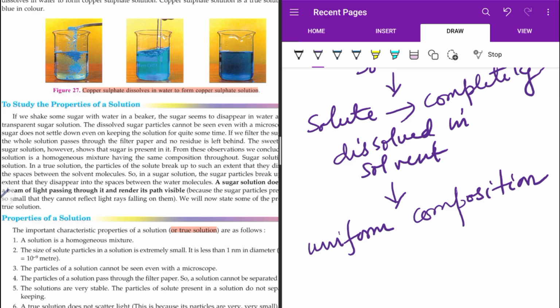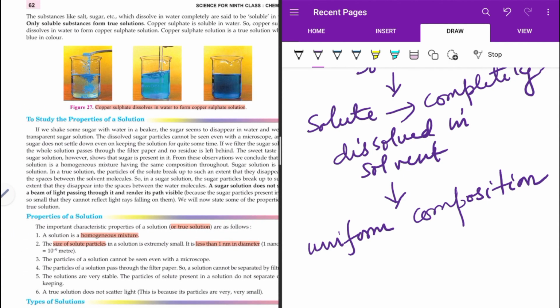Now, a true solution is a homogeneous mixture, we have said. In the introduction part, I told you the size of the solute particles in a true solution is less than 1 nanometer in diameter, or ranging up to 1 nanometer.